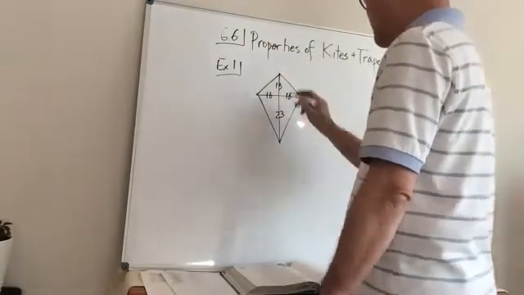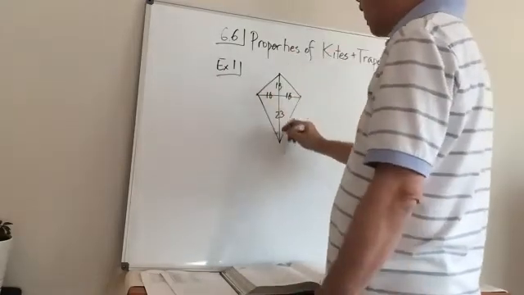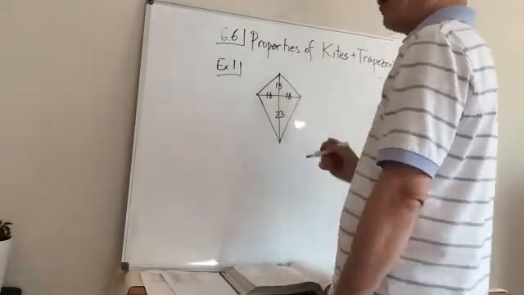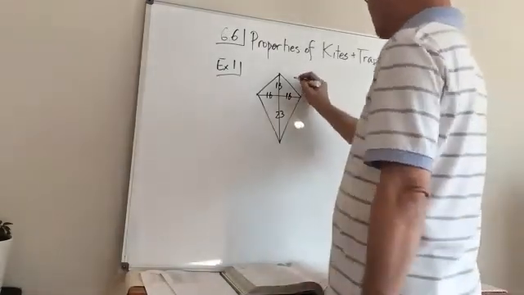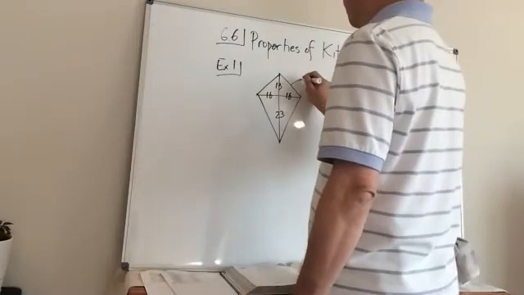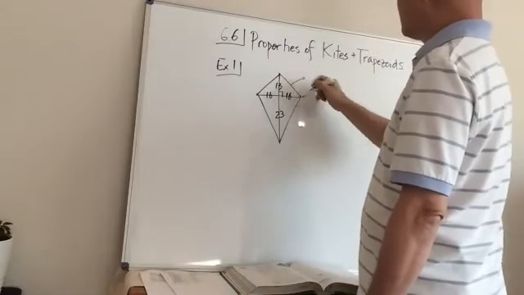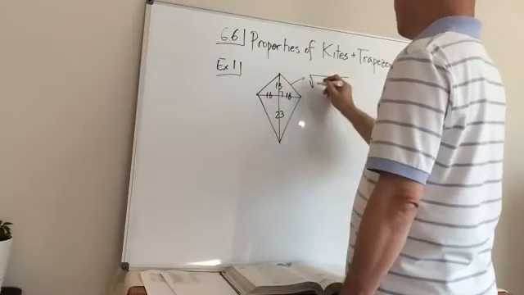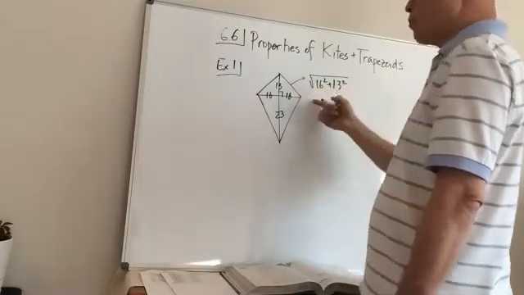Okay, so we need the edges. Basically what we need is the perimeter, right? We need to find out what the perimeter is, right? So let's go ahead and look at this guy here. Since this is 90 degrees, the length is going to be what? The square root of 16 squared plus 13 squared, right?